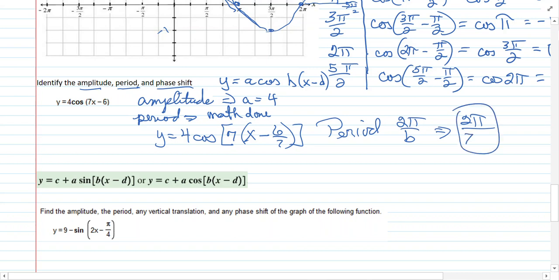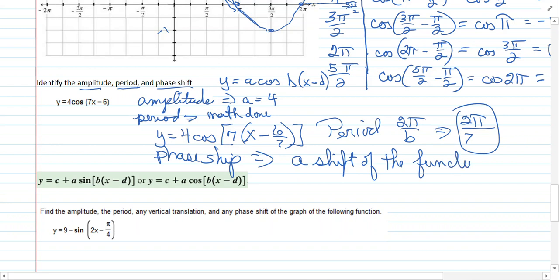And that's my period. And then the phase shift. It is a shift of the function to the right 6/7.